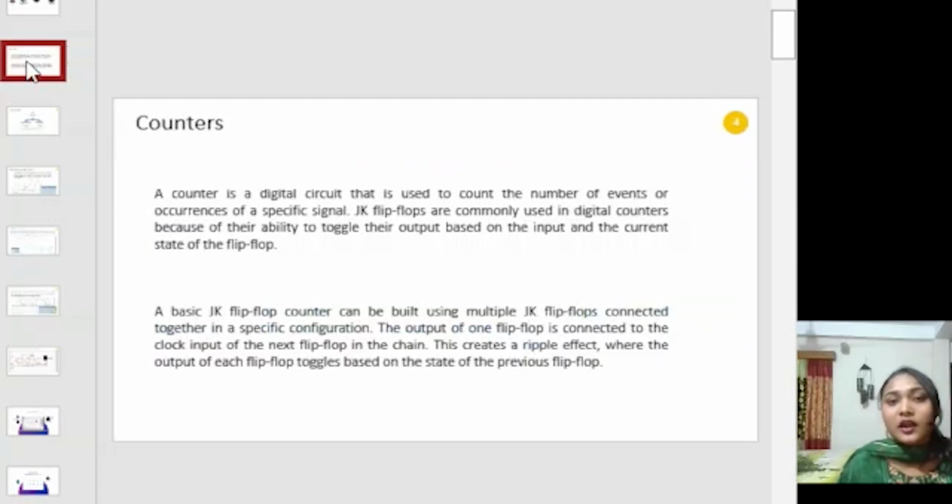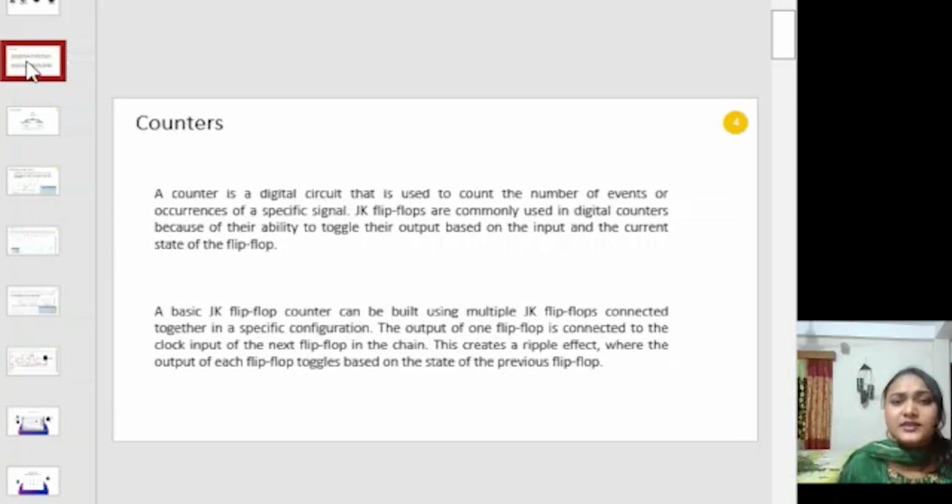Counters. A counter is a digital circuit that is used to count the number of events or occurrences for specific signals. JK flip-flops are commonly used in digital counters because of their ability to toggle their output based on the input and current state of the flip-flop.